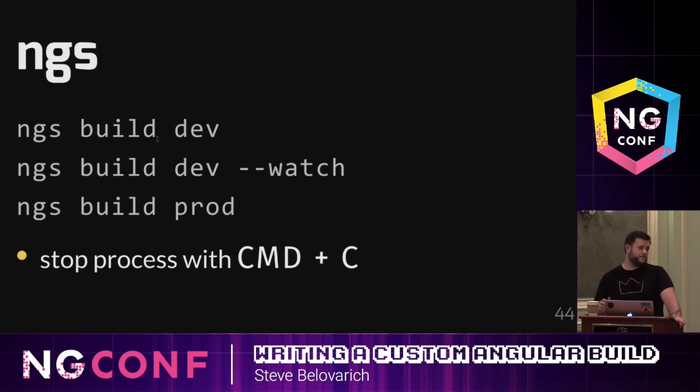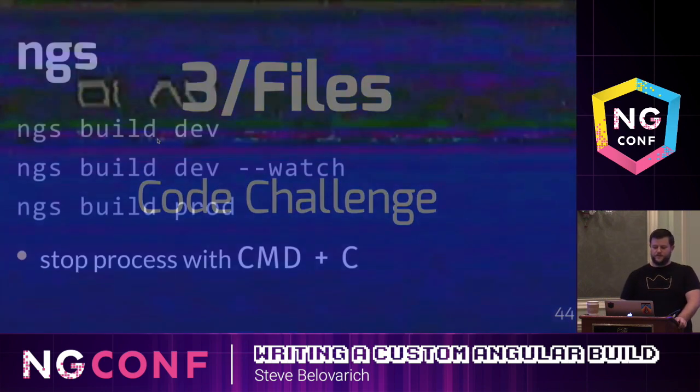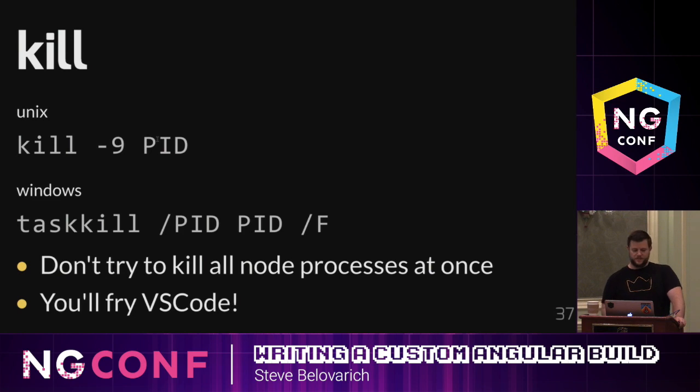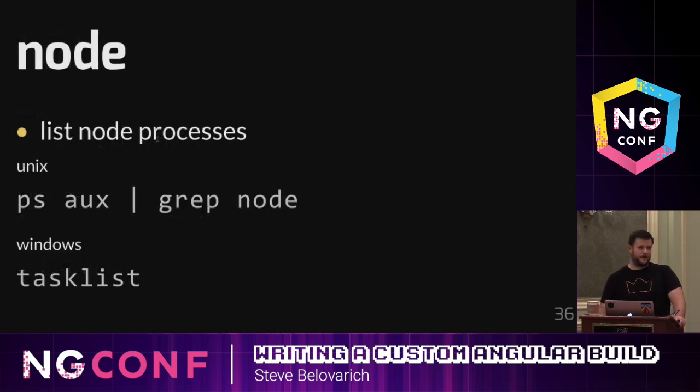Now, at any time in developing this stuff, you could stop the process with Command C. I'm going to flip back a few slides just because there's a couple here. Sometimes when you're building out these applications, if you do not stop your node script appropriately, it will just keep running in the background.